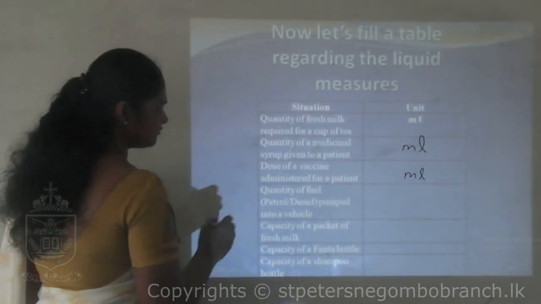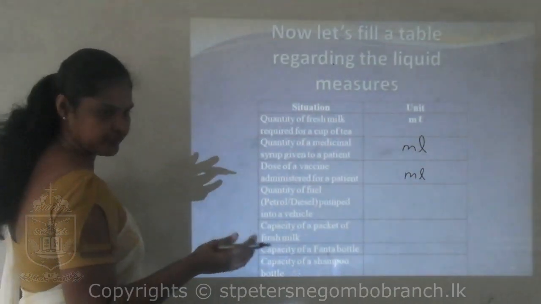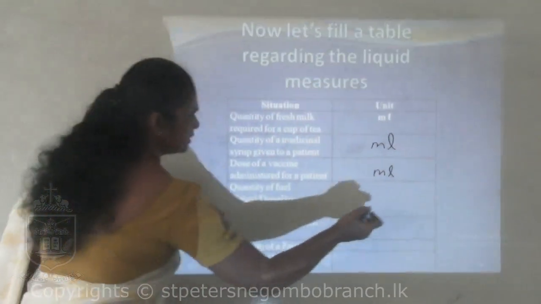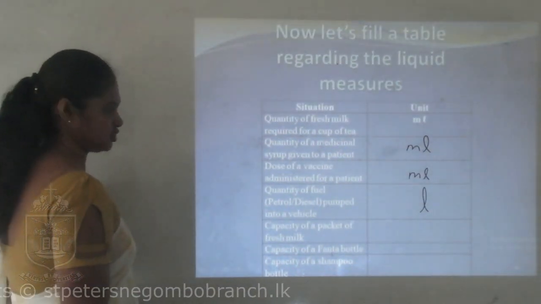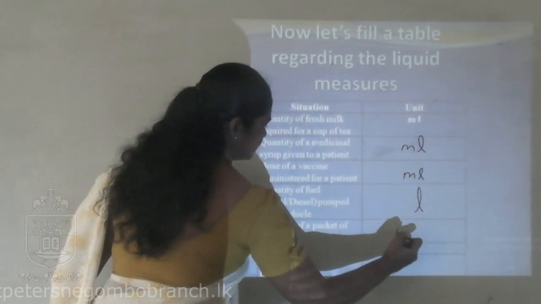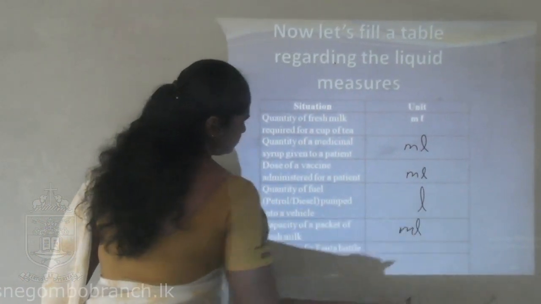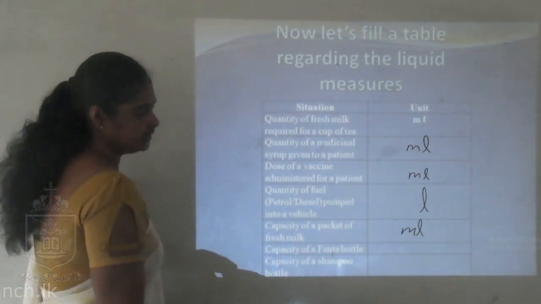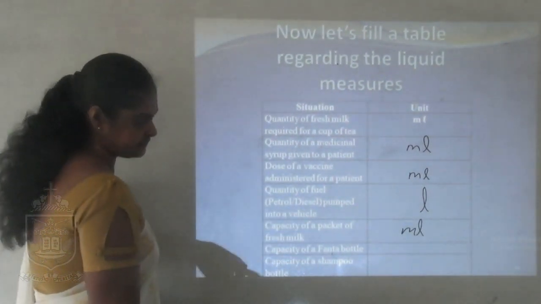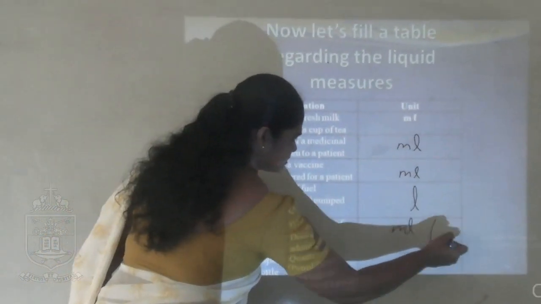Then quantity of fuel, petrol pumped into a vehicle. We normally use liters. Capacity of a packet of fresh milk. We use milliliters or liters. 1 liter bottles are there, so we can say milliliters. If not, by liters, you can use both.